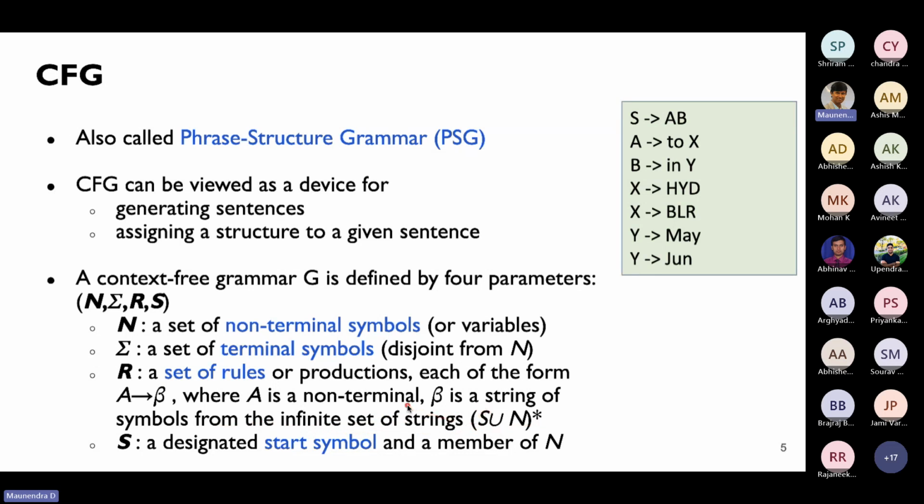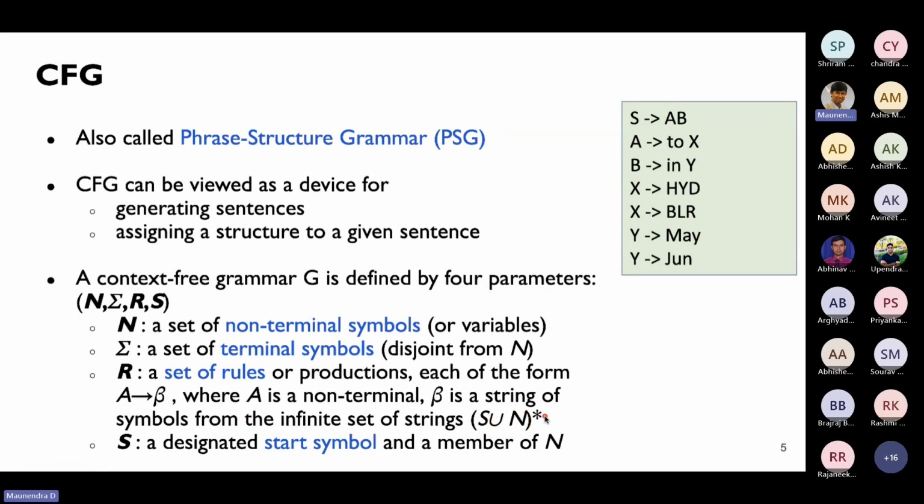So what is S? S is a special start symbol. Every time, it starts with S only. I mean, the sentence construction starts with S. And what is N? N is the set of non-terminal symbols. So in this case, the non-terminal symbols will be A, B, X, and Y. And beta is a string of symbols from the infinite set of strings.